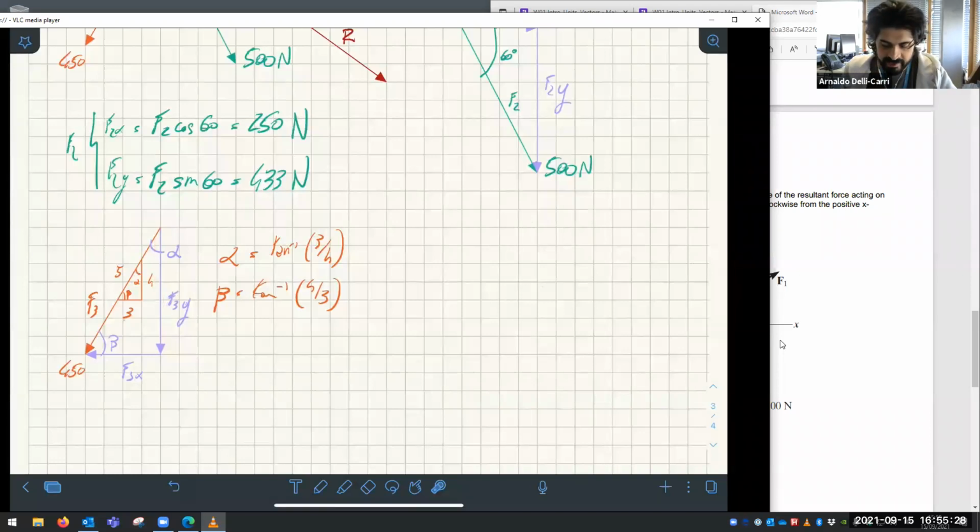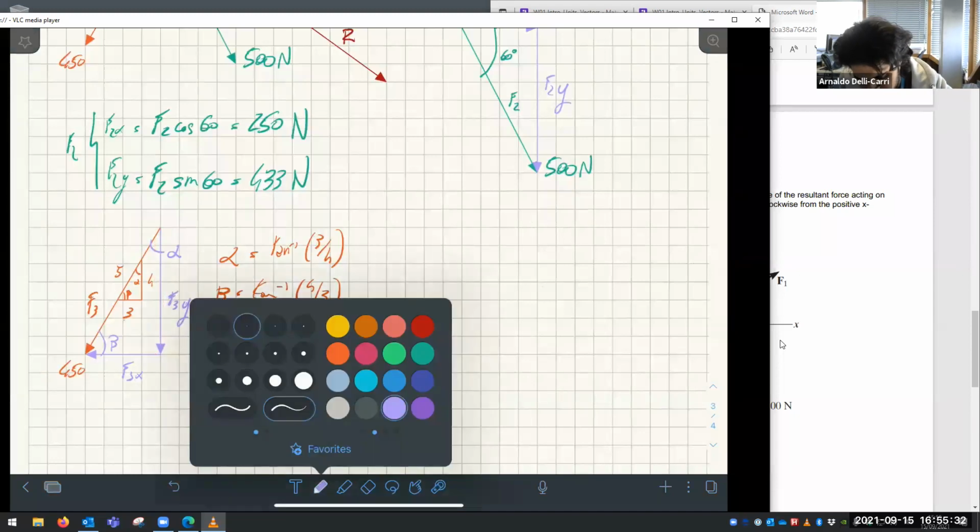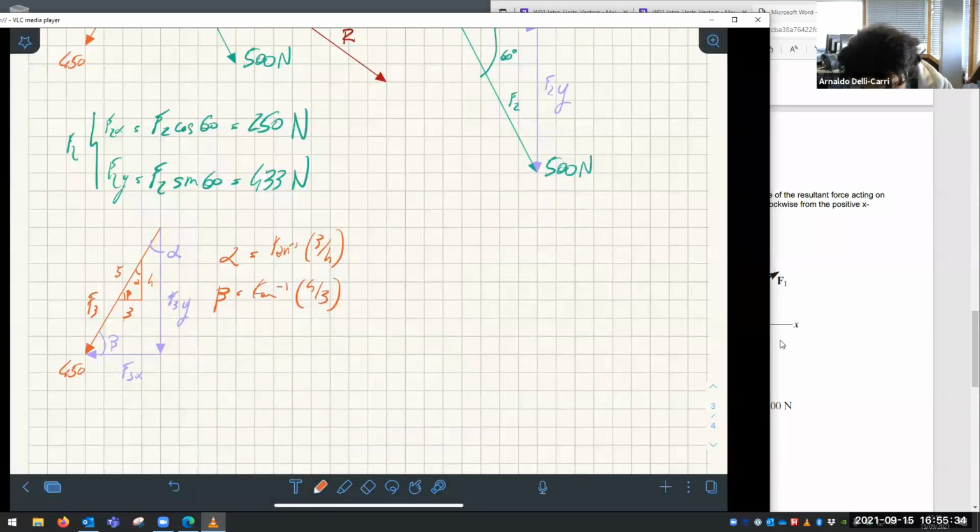Or you can also say that, that's another way of doing this, 4 is the hypotenuse. Let's take alpha as the angle that we know. So 4 is the hypotenuse times the cosine of alpha. And 3 is the hypotenuse times the sine of alpha.